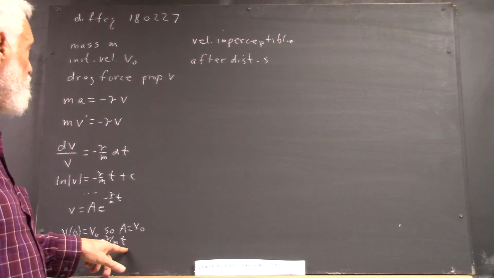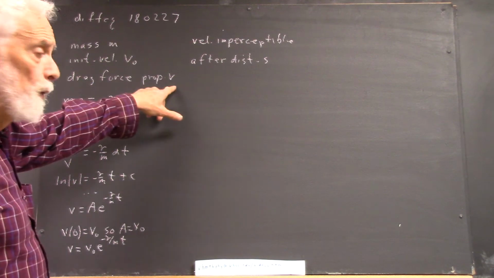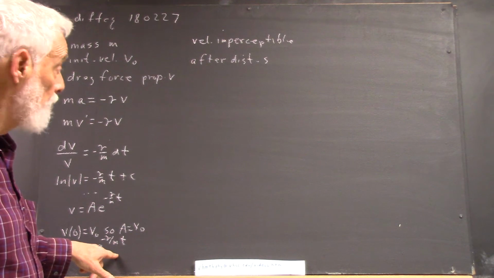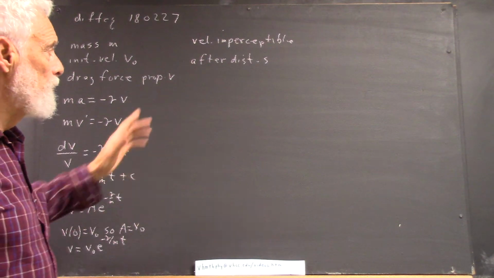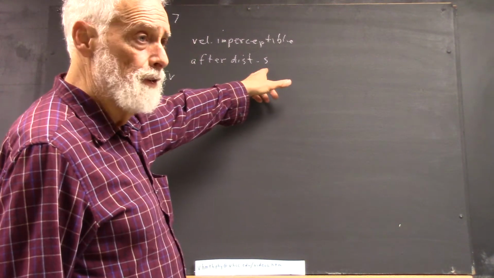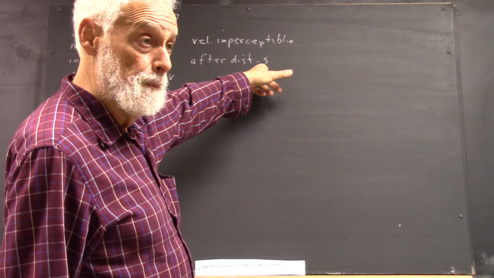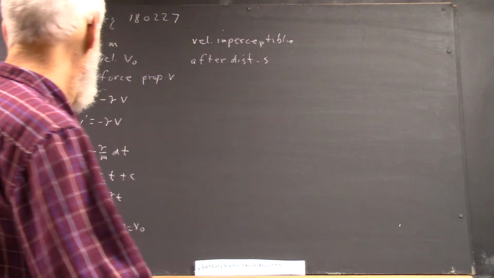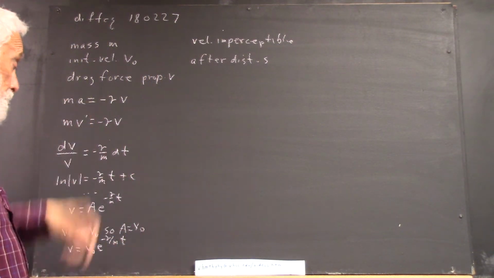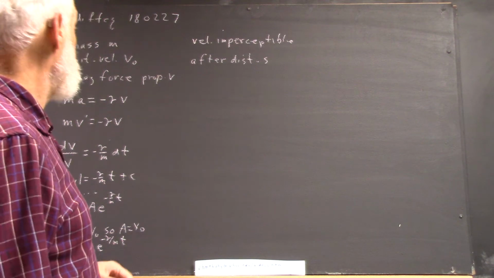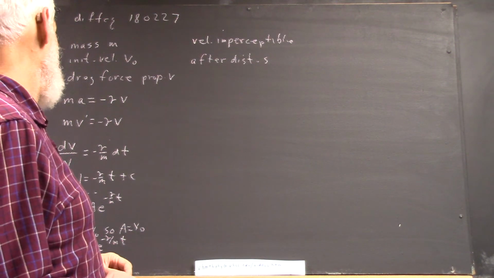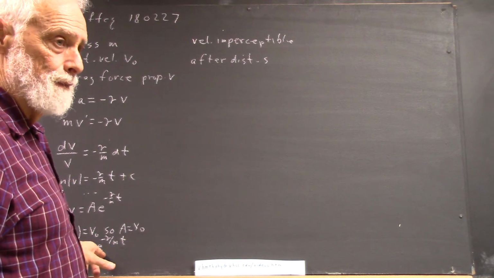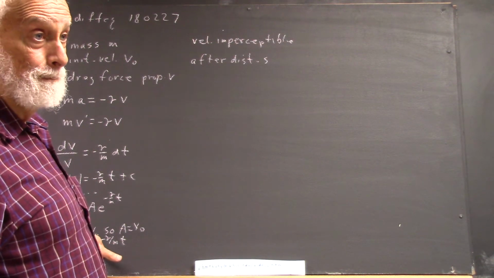So for the situation where the drag force is proportional to v and you get this exponentially decreasing velocity, the time t at which you reach this position is pretty much irrelevant. That time you just consider to be a long time, that's infinite time. So the question then is, how far do I travel in infinite time?